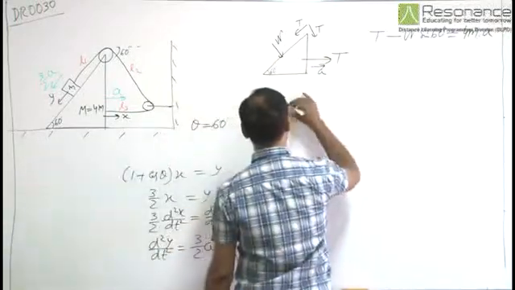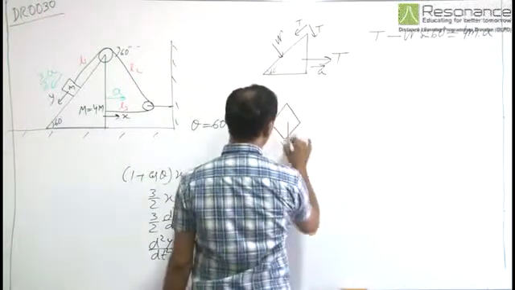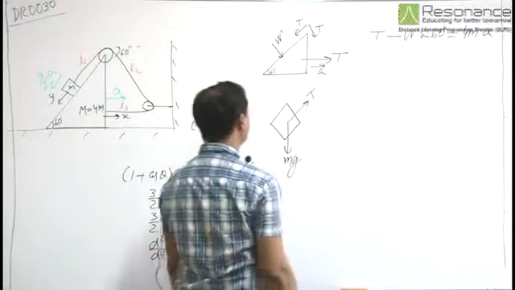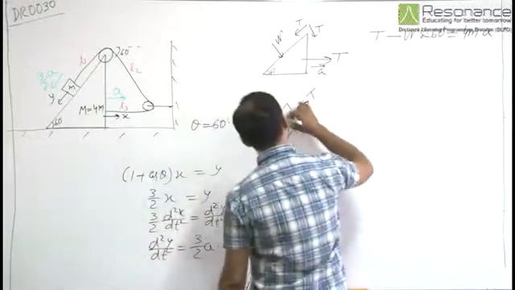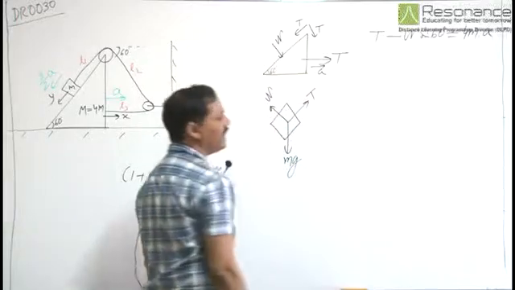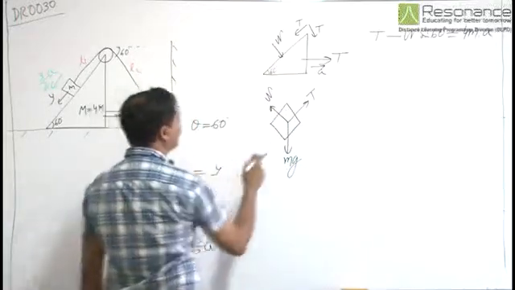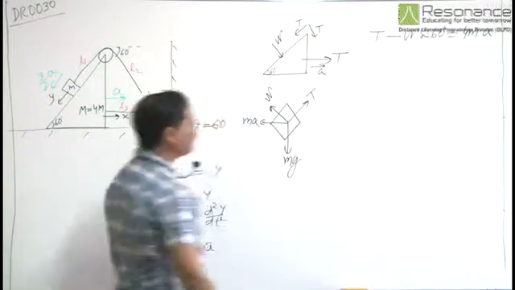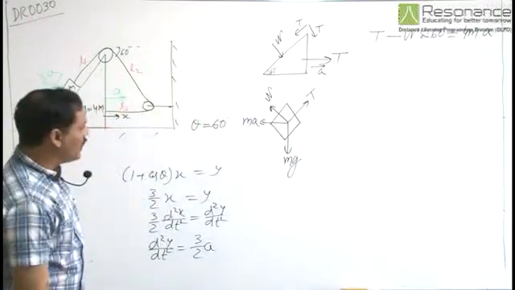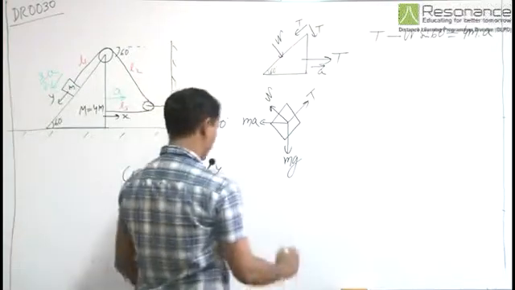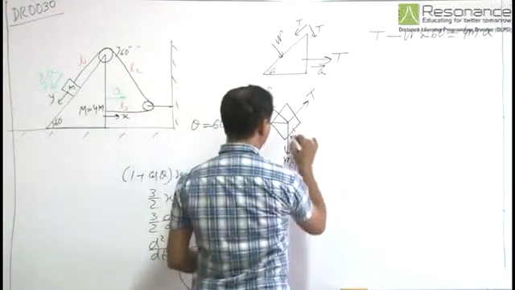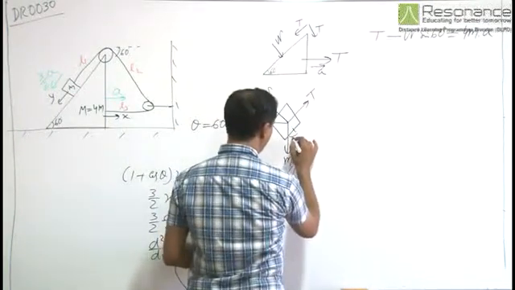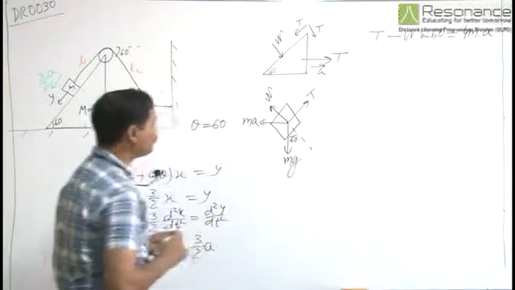For the block, if I consider the forces, its weight mg is acting downward, a tension is up the incline, a normal reaction n is perpendicular to the incline, and due to acceleration of the wedge, it is experiencing a pseudo force in the horizontally backward direction, and the angle made between the normal to the incline and the vertical is 60 degree.